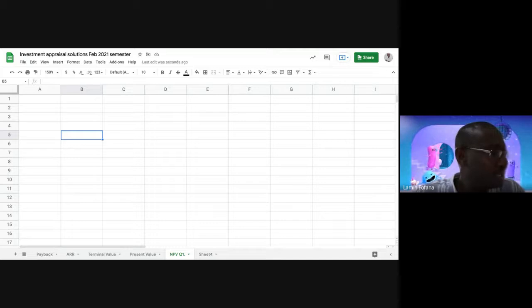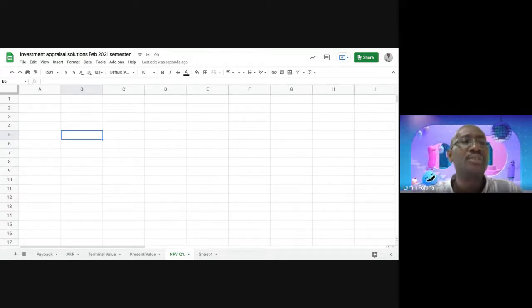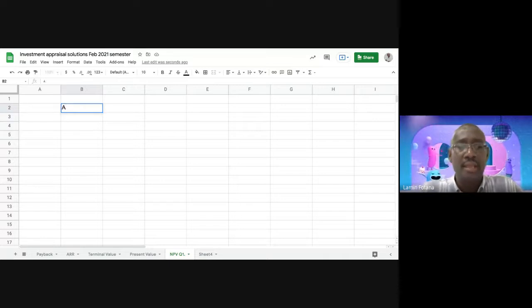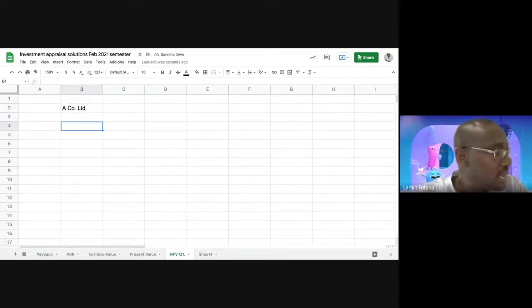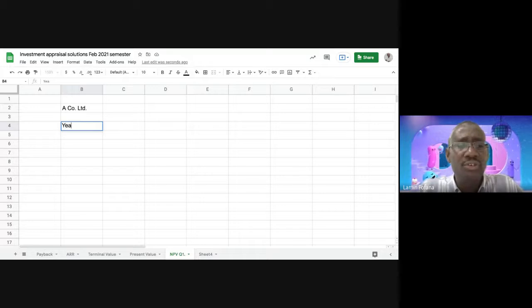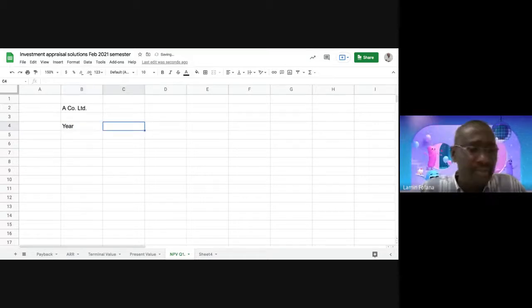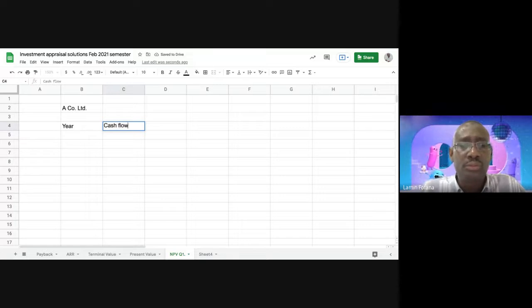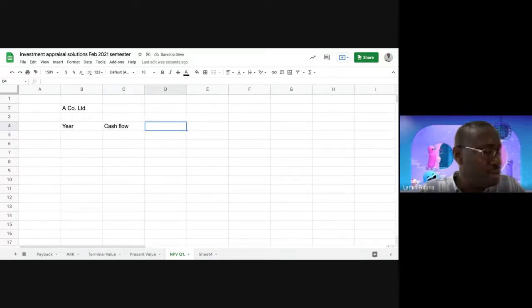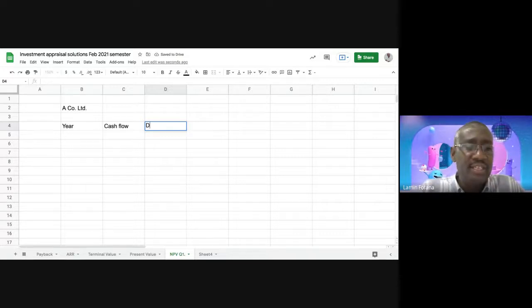And of course, we've been given the table to use for calculating our cash flow. So we just say company limited. The name of the company is not given to us, so we can just give it any name. Okay, so this is the table. The first column is the year. You have the cash flow. You have the DF, the discount factor at 16.5%.